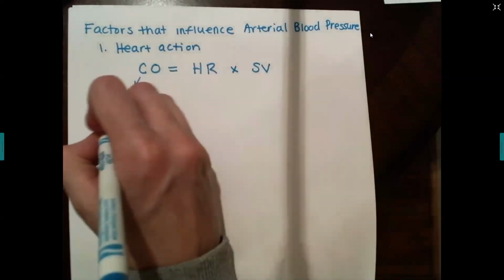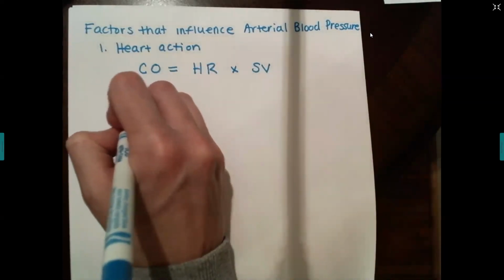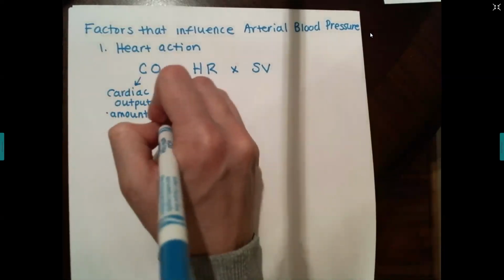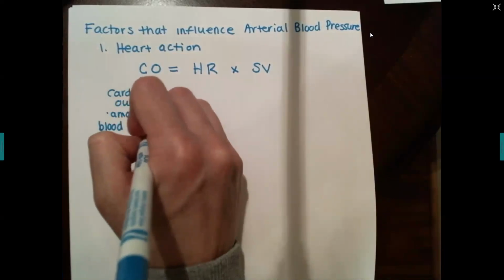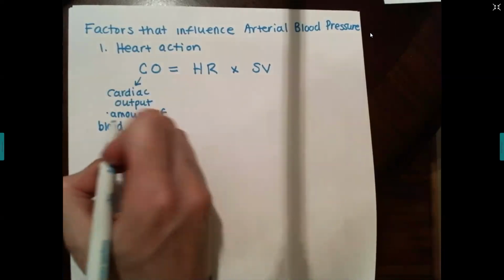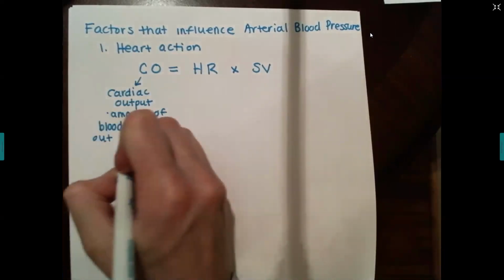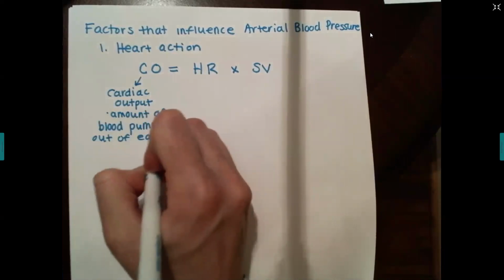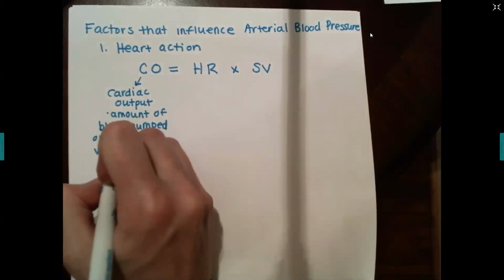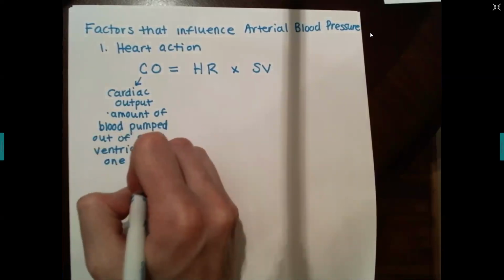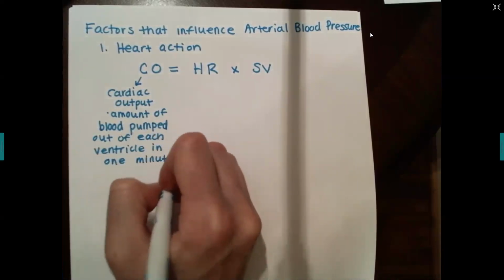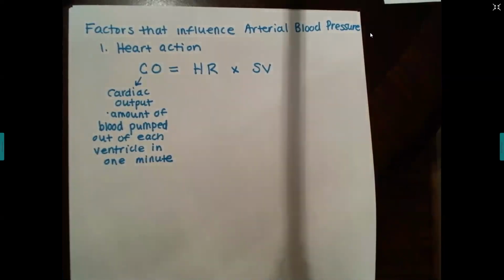Okay, first one is cardiac output. Cardiac output is the amount of blood pumped out of each ventricle in 1 minute. So how much output do I have of each ventricle?